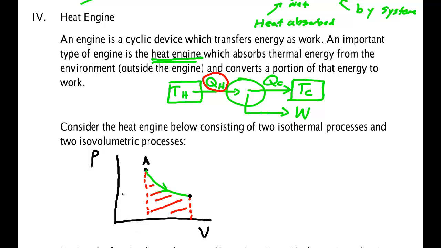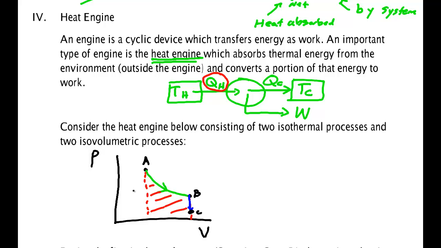Now, after it gets to this point, I'm going to have it do an isovolumetric process down to some new state, state C. During this step, there is no work done, but I'm going down to a lower temperature.